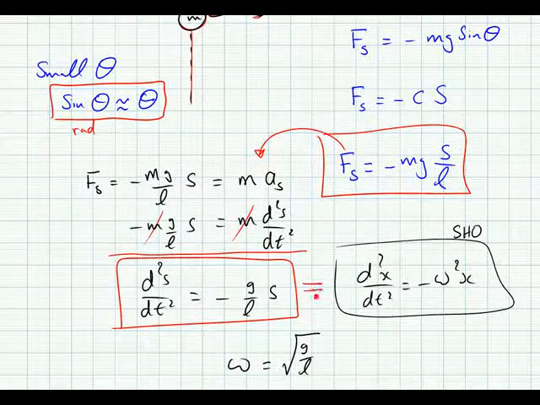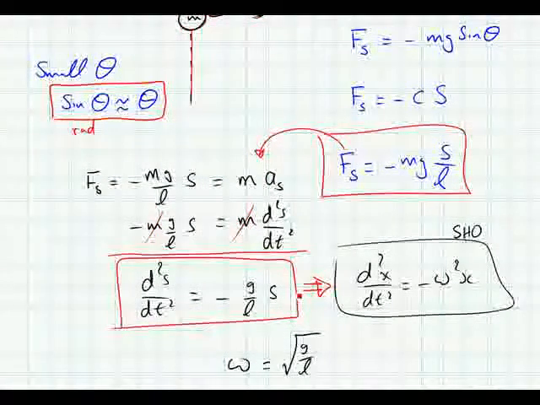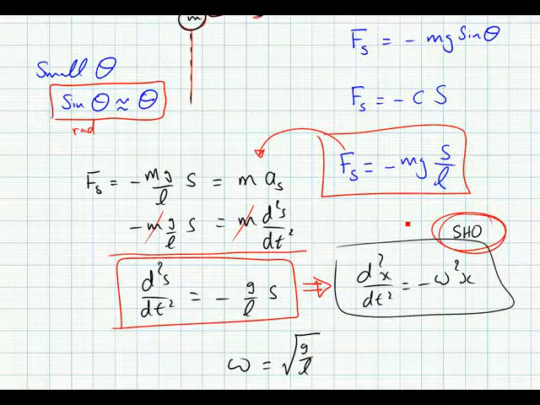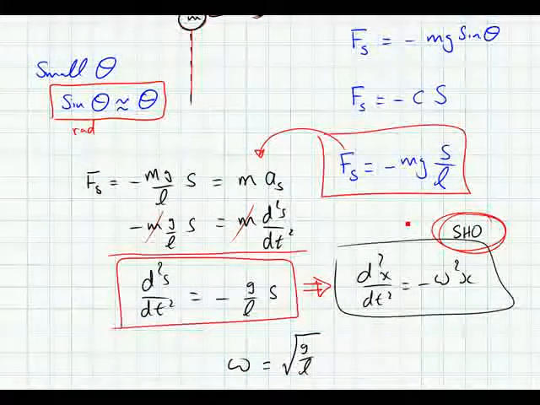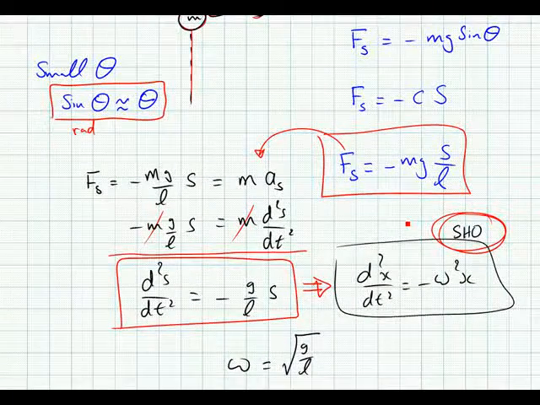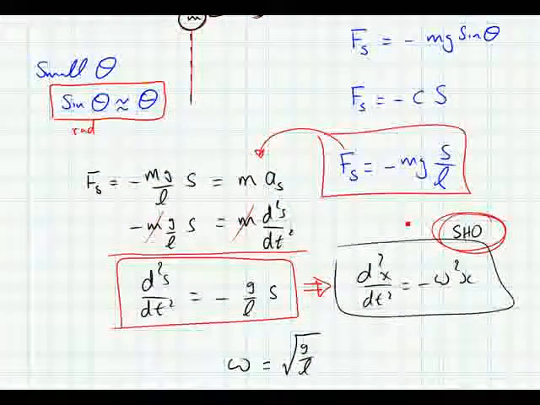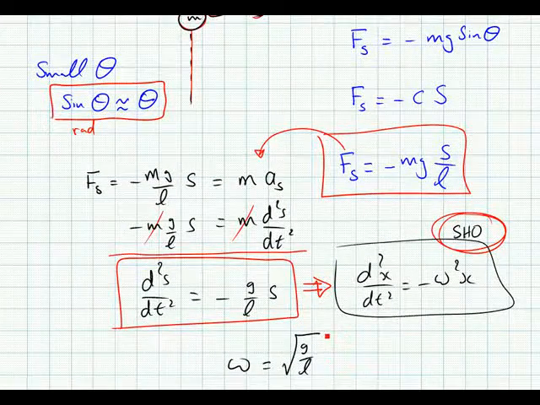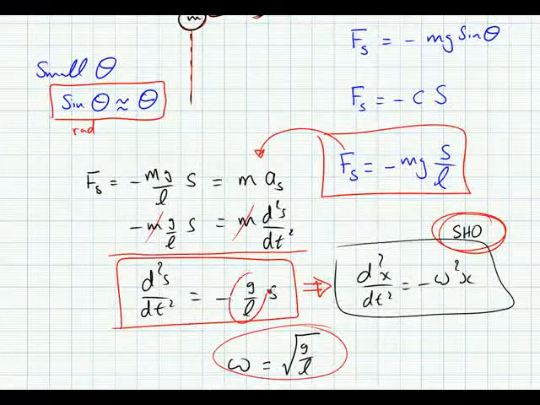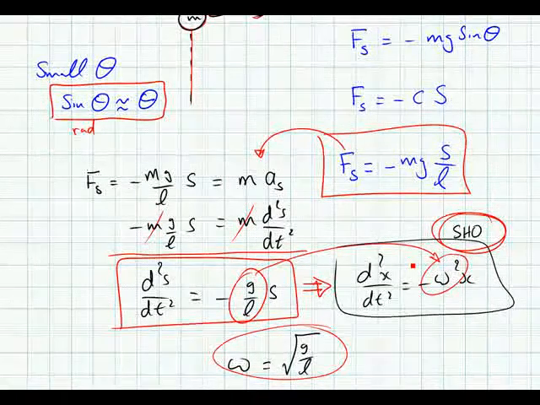This equation once again is of the form d2x dt squared is equal to minus omega squared x, which is one of a simple harmonic oscillator. So which means that for the case of a pendulum, the pendulum will describe simple harmonic motion whose frequency is given by the square root of g over L. So this term here is our omega squared.